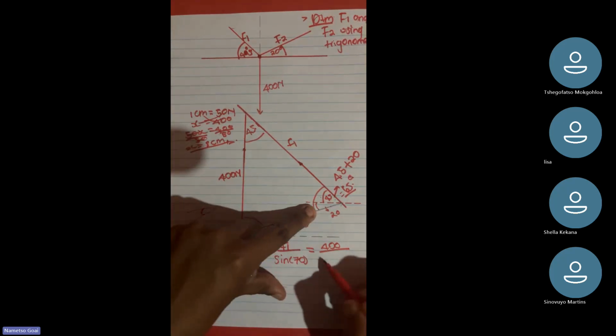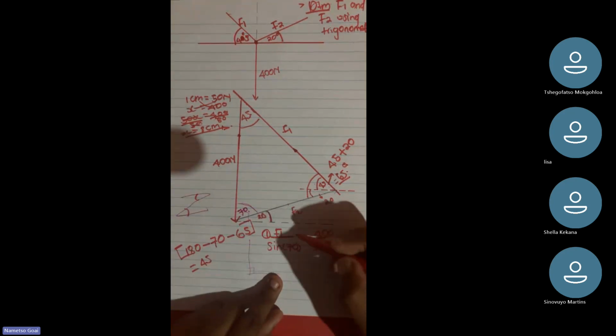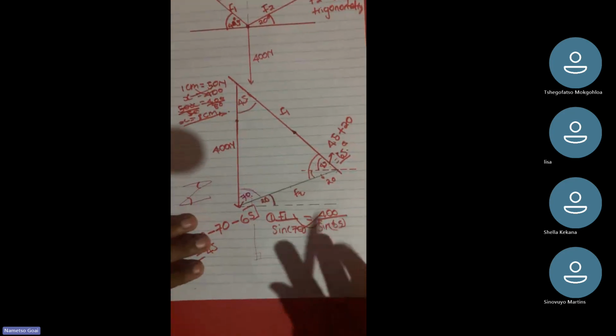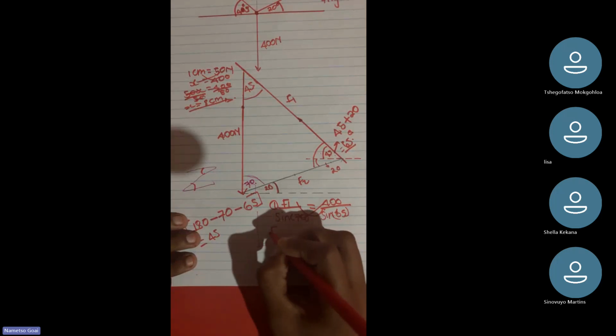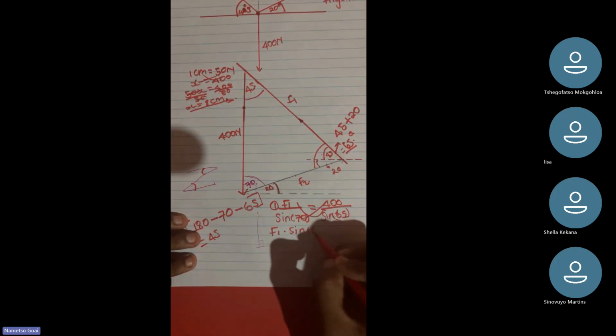It's sine 65. So now, in order to find F1, we're going to cross multiply. So we're going to have F1 multiplied by sine of 65 equals 400 multiplied by sine 70.